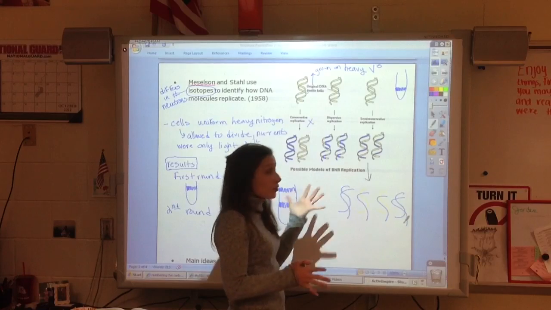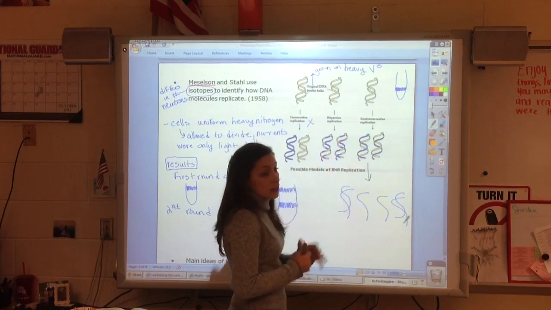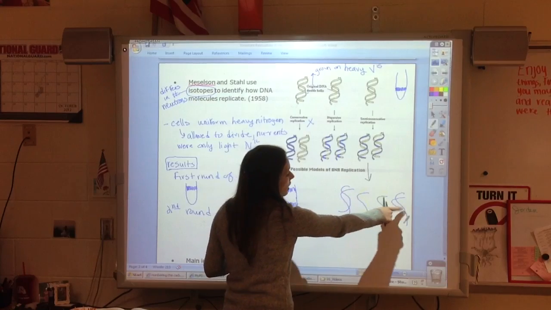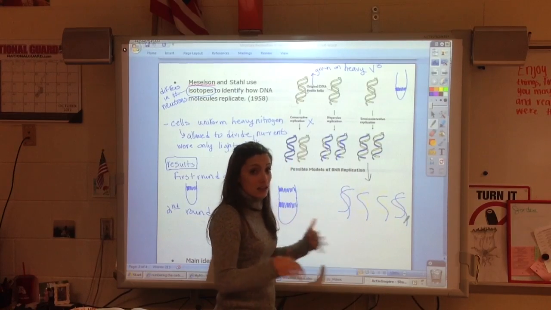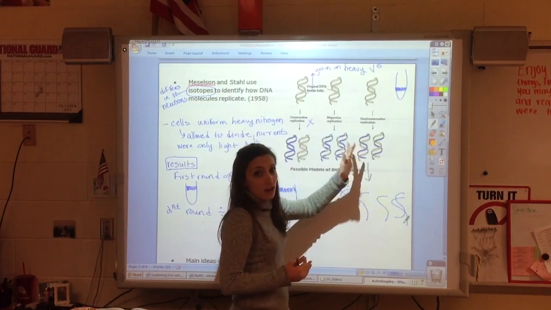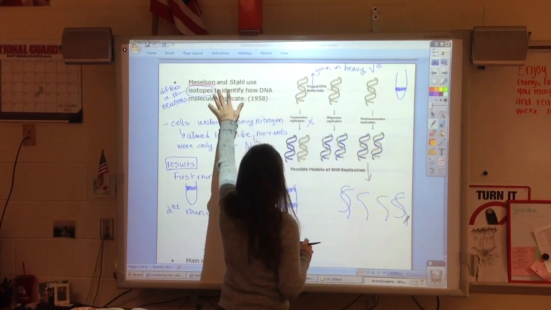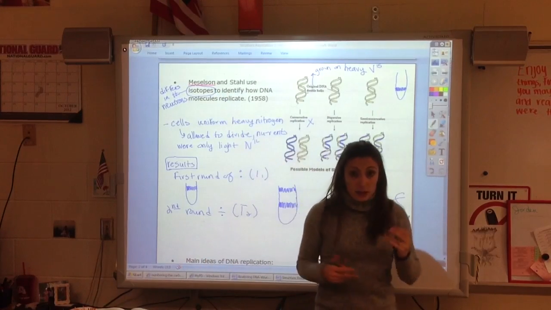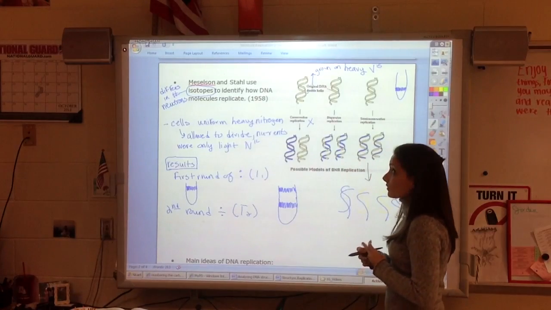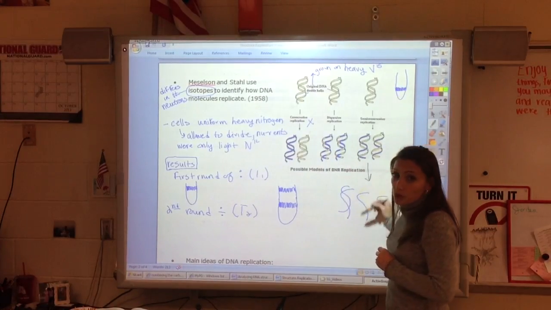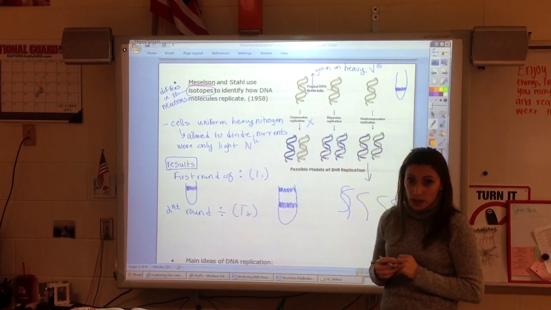It hasn't been broken up or dispersed. And so that's why it's called semi-conservative, because each strand that is produced contains a whole strand from whatever the parents were. So the big concept of Meselson and Stahl that we want to be able to leave with is that they were able to prove semi-conservative replication.